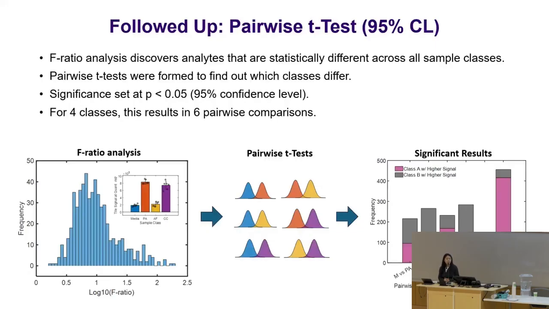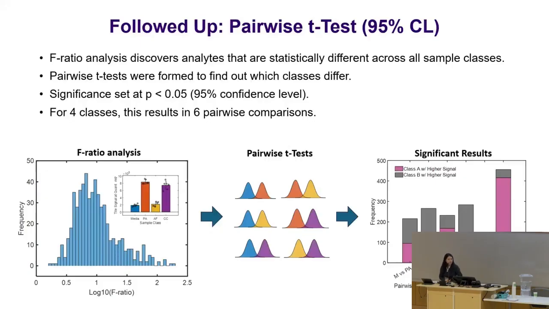For example, we have 4 total sample classes, so we end up with 6 pairwise class comparisons. After running the 6 pairwise t-tests, this is the significant result we got. For example, in the comparison between PA and the co-culture, we can see most analytes have higher signal in the PA monoculture. That means those analytes are dominated by PA.